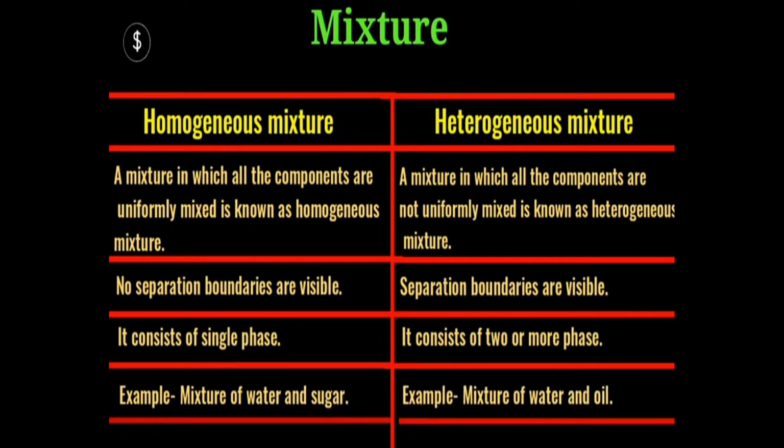Now let's see the difference between homogeneous and heterogeneous mixtures. First, the definition of both mixtures is clear: a homogeneous mixture is a mixture in which all the components are uniformly mixed, and a heterogeneous mixture is a mixture in which the components are not uniformly mixed.